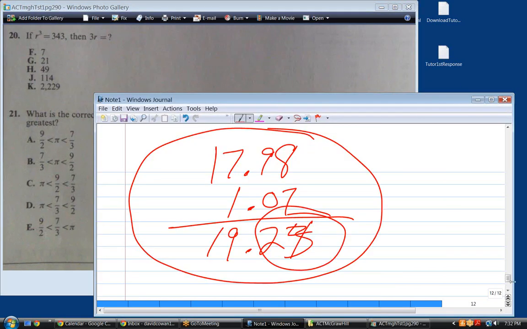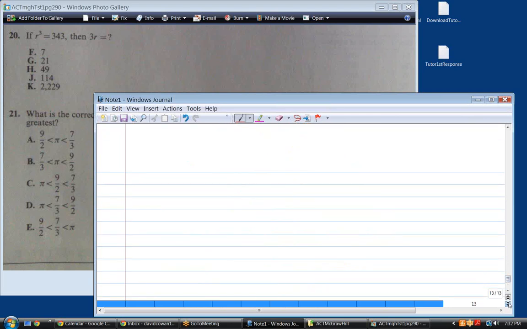Okay, so r to the third equals 343, then 3r equals what? Oh, I don't know. Well, let's solve for r. If we can figure out what r is, then we'll know what 3r is.